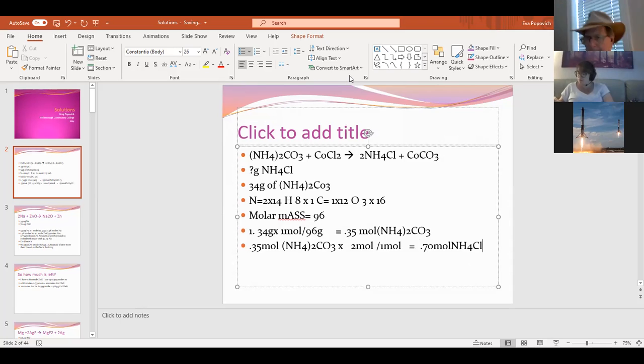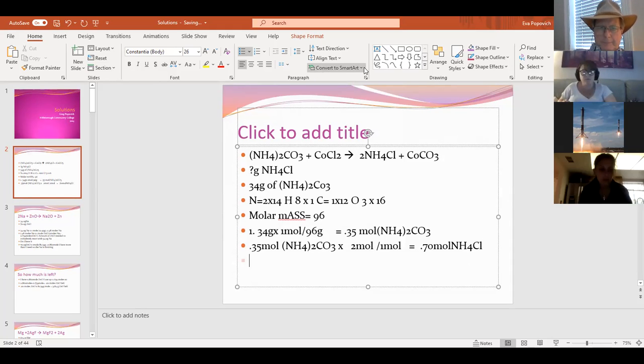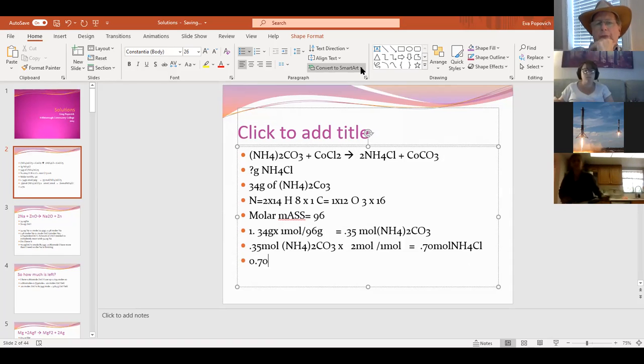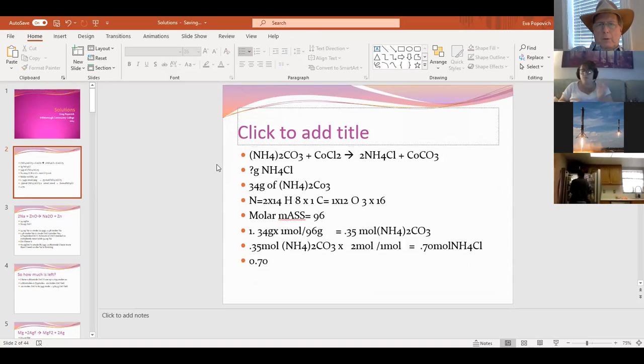You're going to want to take your moles and multiply it by, I don't know if you're multiplying it by the 34 grams or the given molar mass. Okay, when we're reading the problem, the 34 grams is associated with the ammonium carbonate.